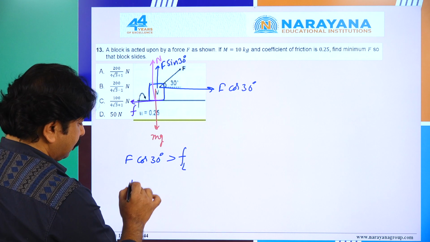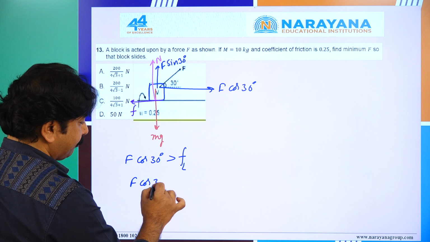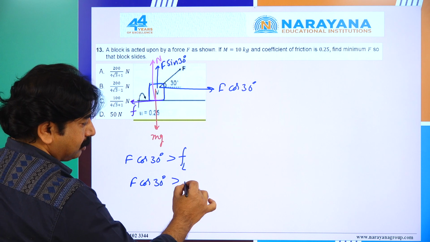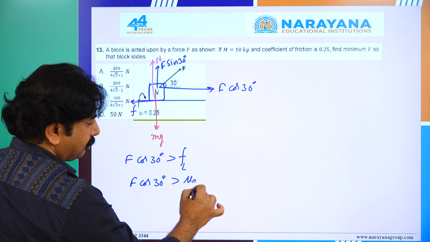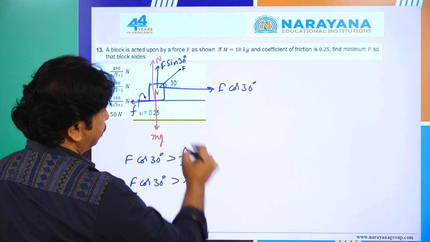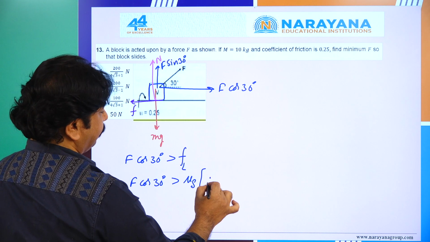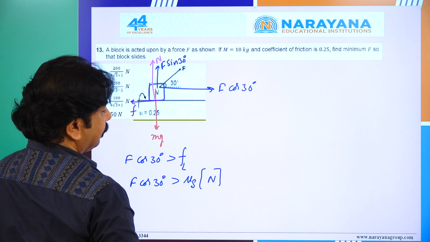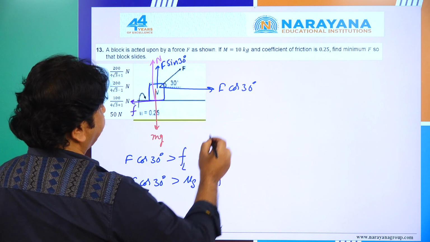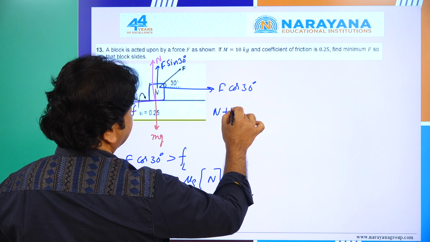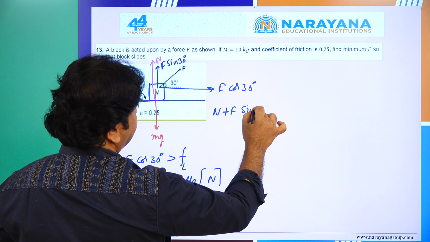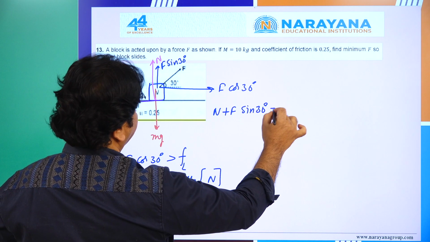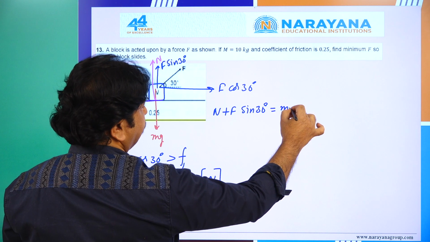Already you know the limiting friction formula. That is nothing but mu s into N, and we require the N value here. From this diagram, N plus F sin 30 is equal to mg only.